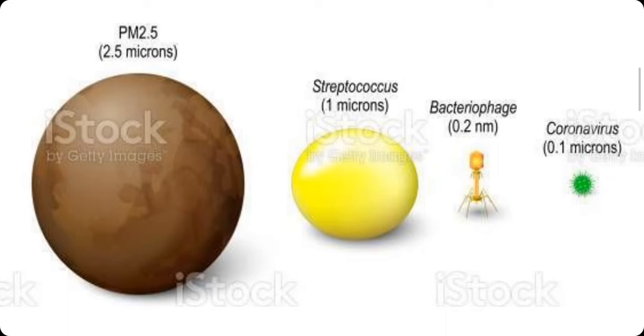Coronavirus is really, really small. And your mask has openings of about 30 microns. So coronavirus can get through the mask very easily, because the mask openings are 300 times larger than the size of the virus.